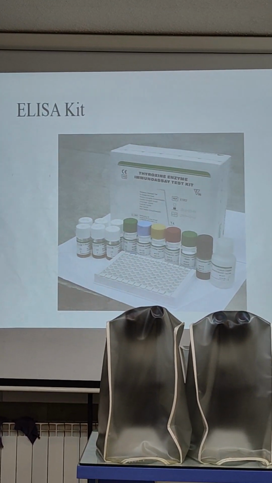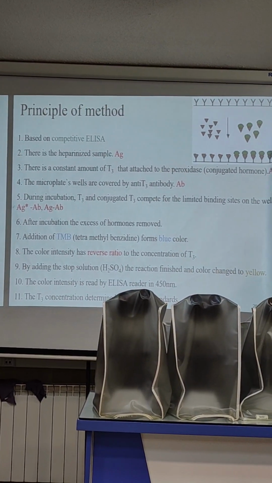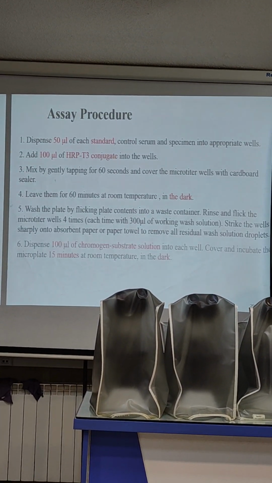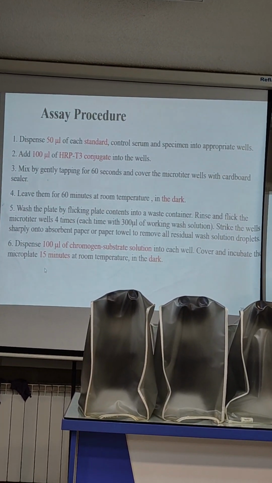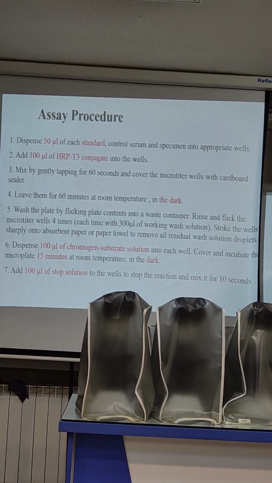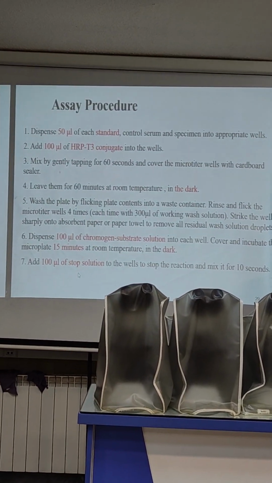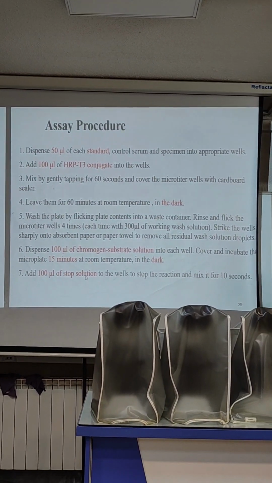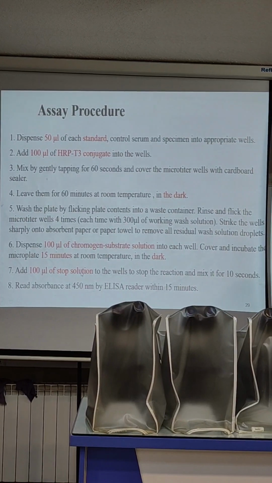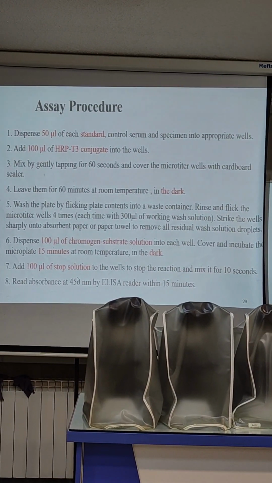And this is the ELISA kit, and for today's experiment, I described the principle and assay procedure. You are at this step, okay? And after 15 minutes, you should add a stop solution, okay? When you add a stop solution, your color changes from blue to yellow, and this yellow color has absorbance at 450 nanometer.